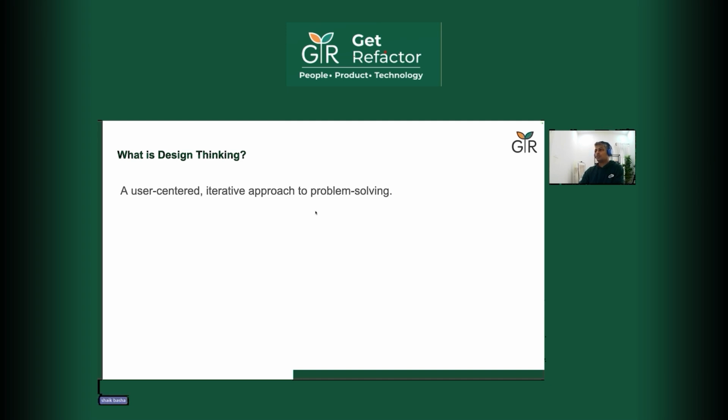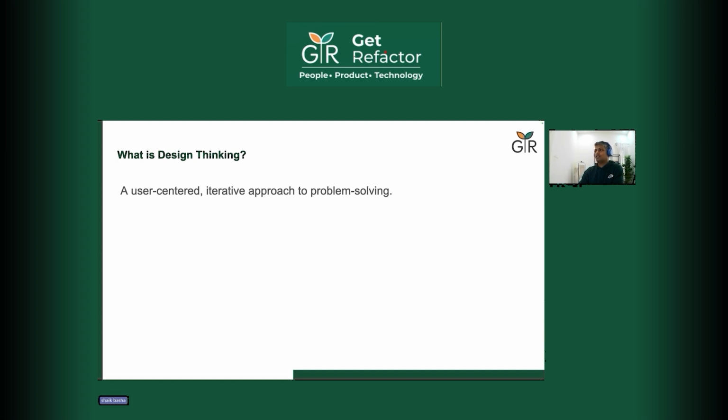So the first tool could be a five-step model where you empathize and define the problem and all that. And the second one is double diamond, that's also a tool which is used. And design thinking can also be done through something called Google's design sprints. So basically everything boils down to the same thing.